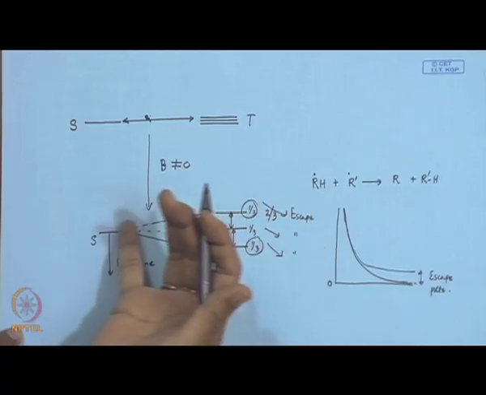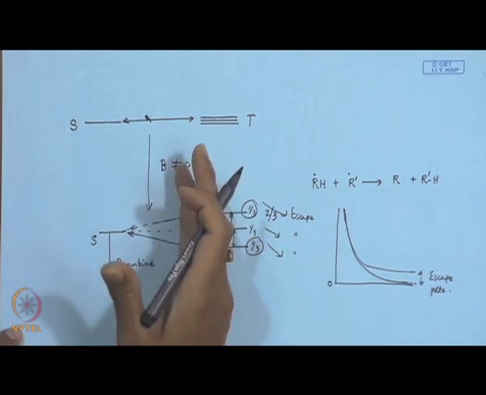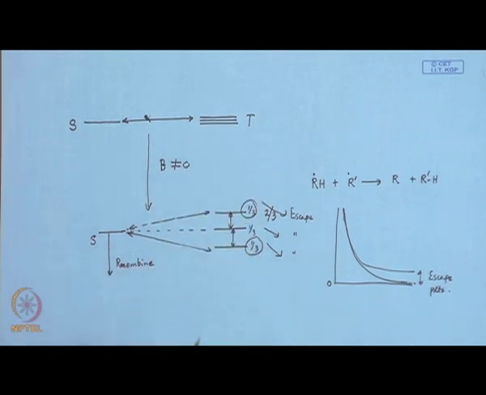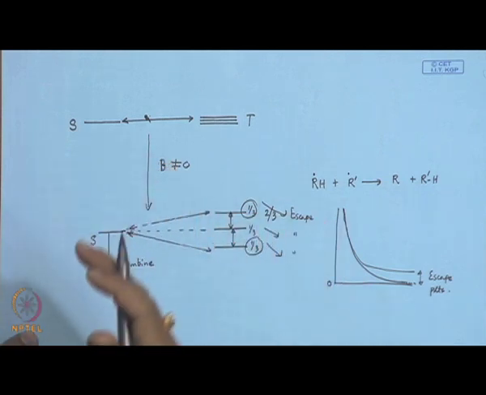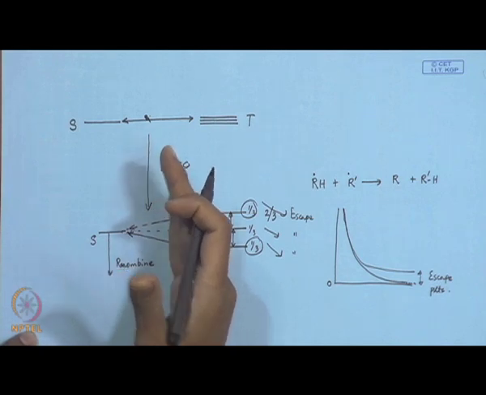But if it is a triplet born, it will not recombine immediately after its birth. It will have to recombine by transferring from the triplet state to the singlet. So it will recombine through this. So any hindrance in this path will reduce recombination. So the same way it will reduce recombination for triplet, but for singlet, if there is a hindrance, then we may expect more recombination, because this channel is off.